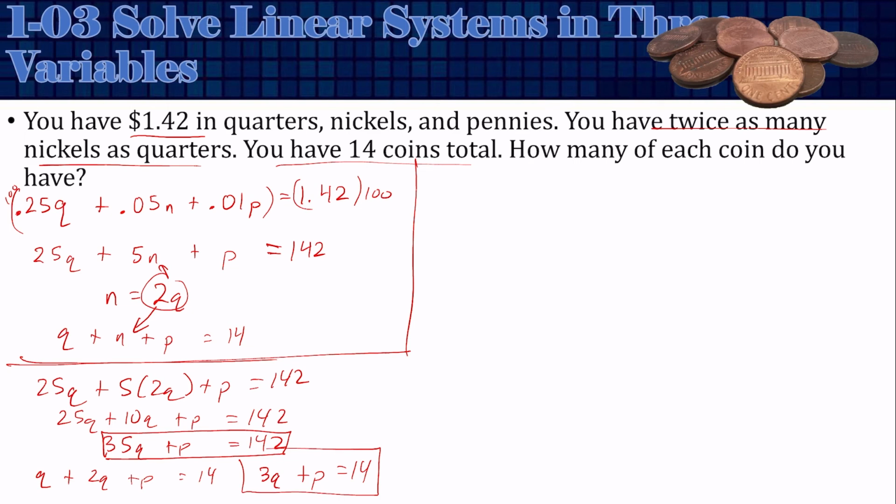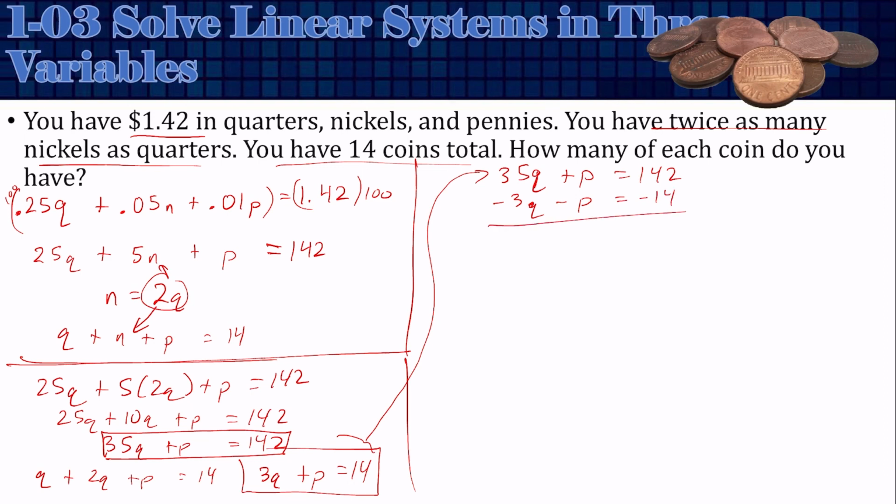So now I have two equations with Q and P. Hey, let's do those by elimination now, maybe. If I multiply the second one by a -1, we could eliminate P. So it'd be 32Q, no P's, and 128.